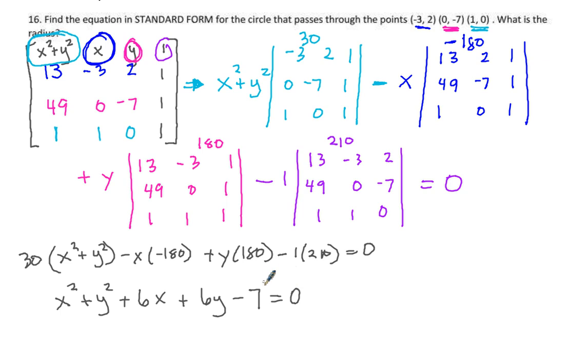So this is my general form, and I want it in standard form. So standard form is x minus h squared plus y minus k squared equals r squared, where h and k represent the center of my circle, and this number is the radius distance squared. So I do that by completing the square.